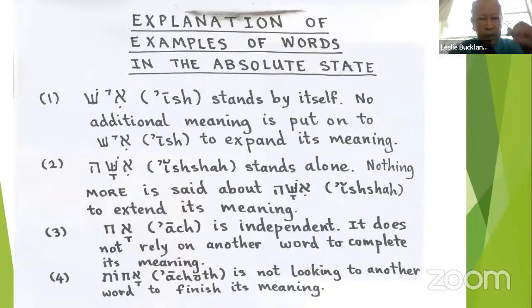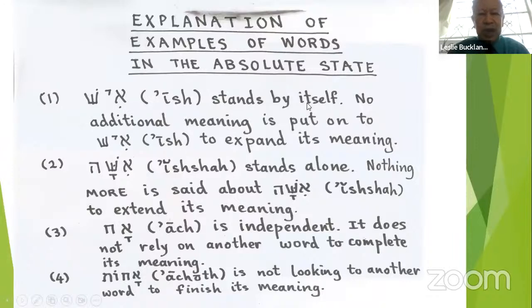Okay. Now let us look at an explanation of these examples that we have just seen. Specifically nouns, not every word, but nouns. Explanation of the examples of words or nouns in the absolute state. In number one, we had the noun ish.